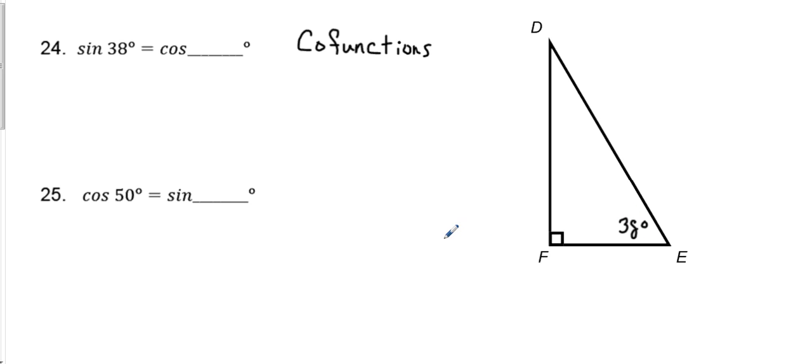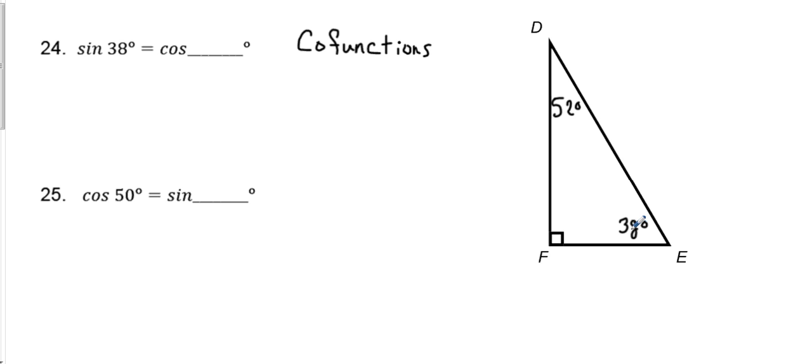If we put 38 degrees over there, this angle over here has to be 52 degrees, because we know both of these acute angles have to add up to 90 degrees, and once again, if this is 38, this is 90 minus 38, which is 52.